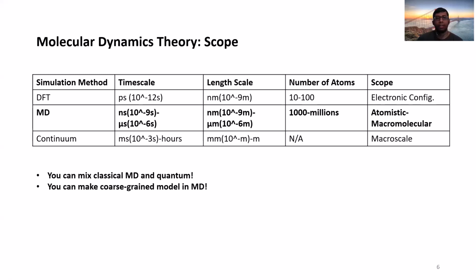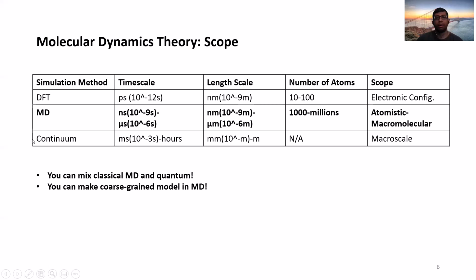You can simulate hundreds of thousands to millions of atoms, for nanometer to micrometer lengths, for several nanoseconds to several microseconds, and you can determine atomistic to macromolecular properties. If your system is too large, you cannot stay in this range of classical molecular dynamics.